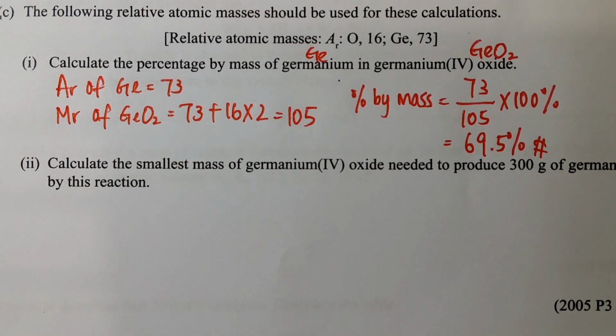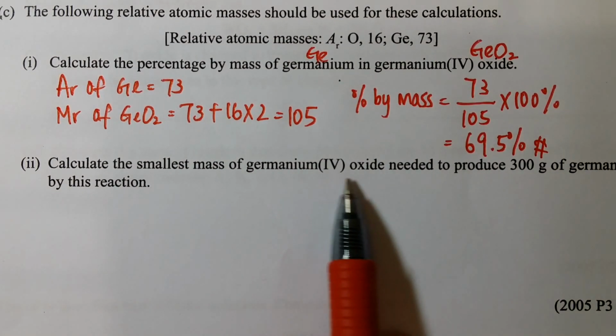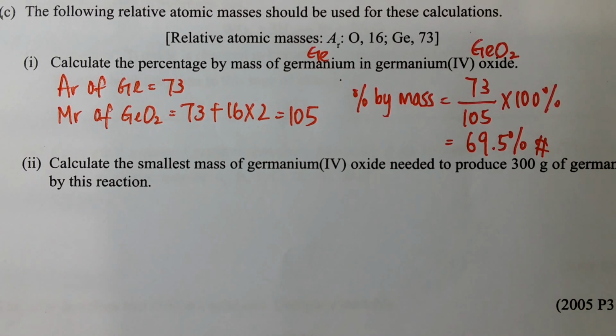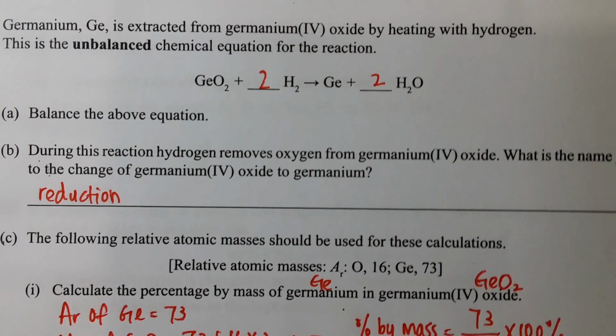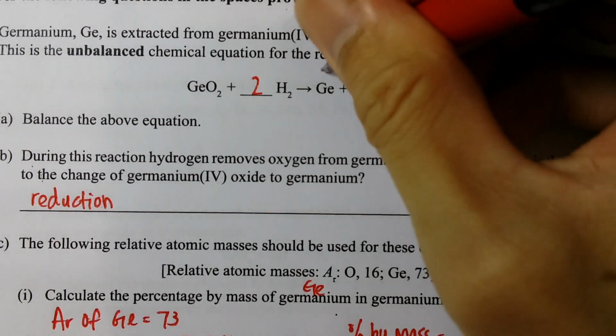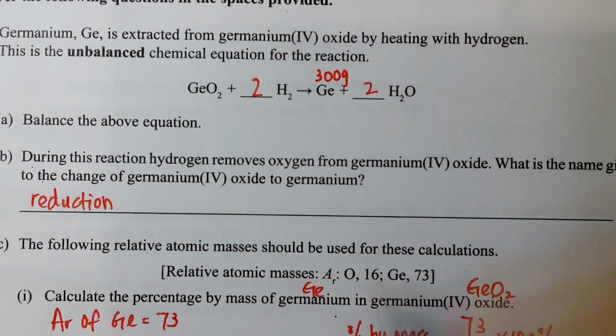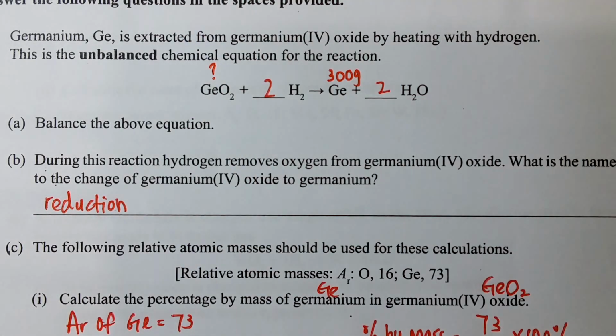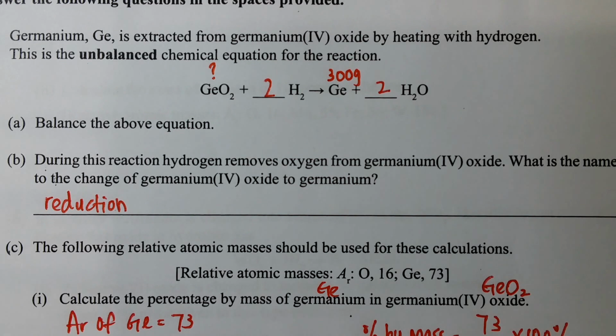Okay, calculate the smallest mass of germanium(IV) oxide needed to produce 300 grams of germanium by this reaction. So you want to produce 300 grams of germanium, and what would be the mass of germanium(IV) oxide?